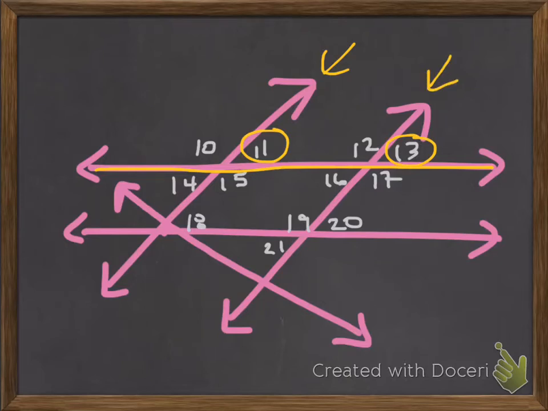So you could see 11 is going to be inside the two lines that I pointed with yellow arrows, and 13 is outside the two lines. So one is inside, one is outside on the same side of the same line. So that's going to be corresponding angles. So we need to determine whether the lines are parallel that they're on. So that means we're going to use the converse of corresponding angles postulate, which is postulate 3.4.